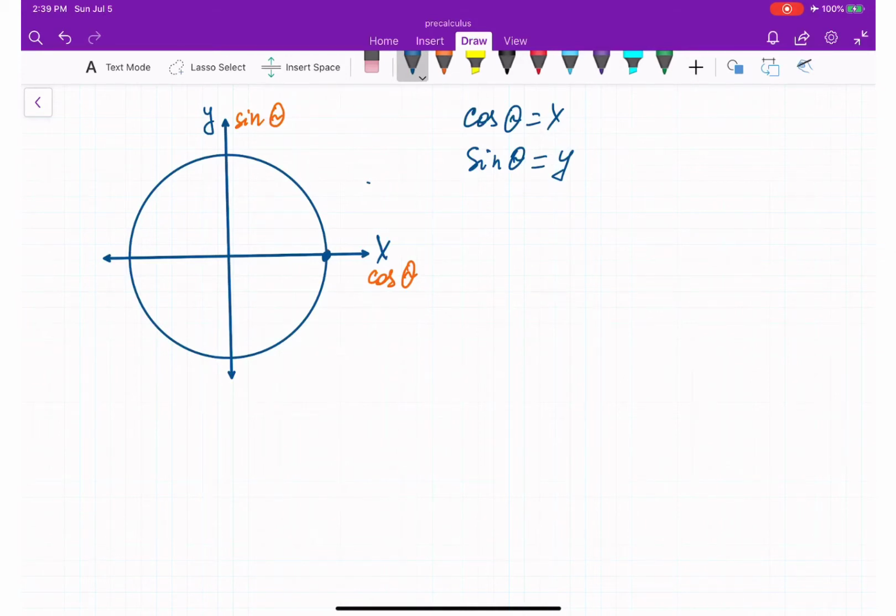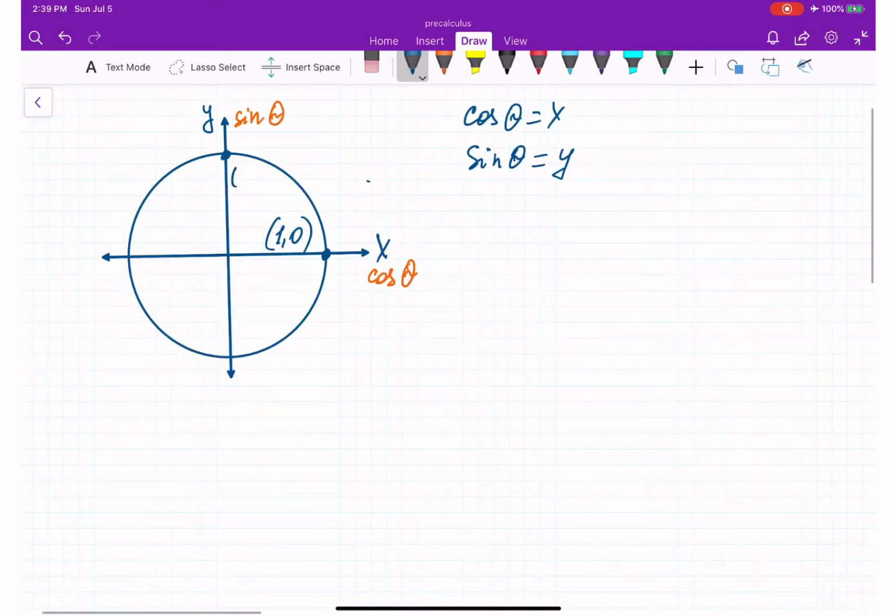At this point, our cosine is 1, sine is 0. So 1, 0. X is 1, y is 0. At this point, my x is 0, y is 1, which means cosine is 0, sine is 1.